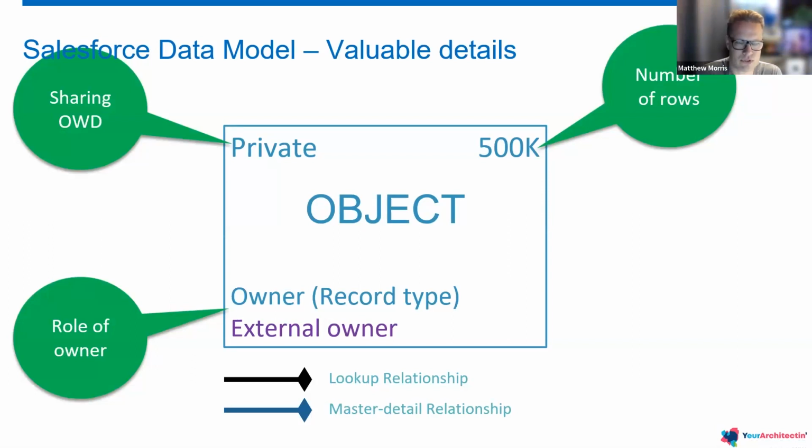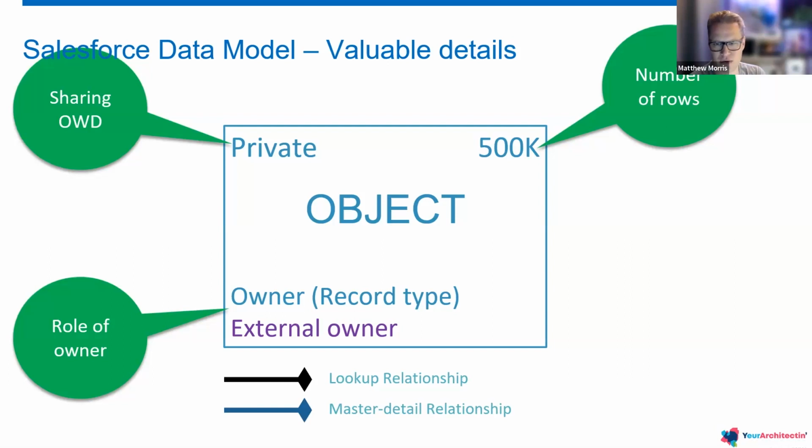Also, if we're able to make a first stab at what the sharing defaults might be, also put that onto the entity itself. And then finally, the role of the owner of the record. So who's going to own the record, and not necessarily what's the name of that user. More effective to say what is the role within the role hierarchy.